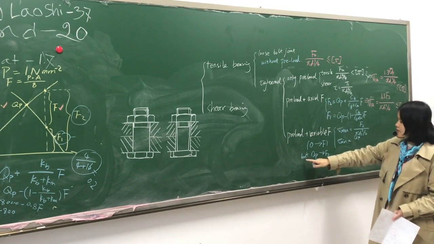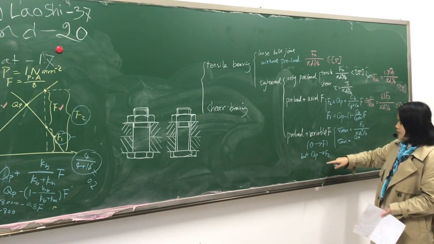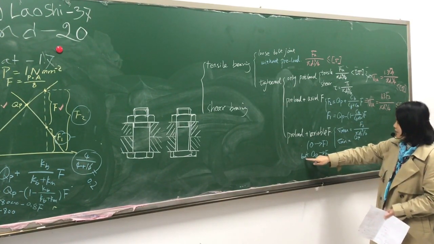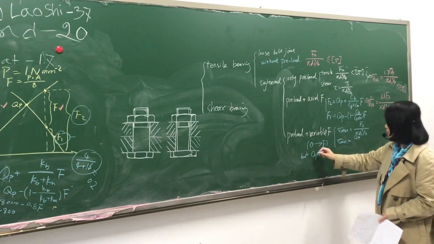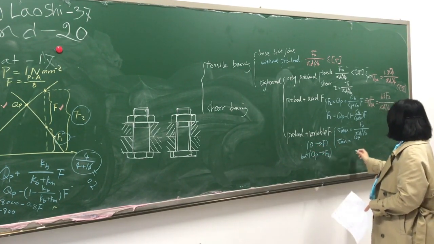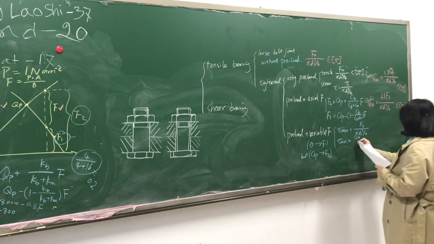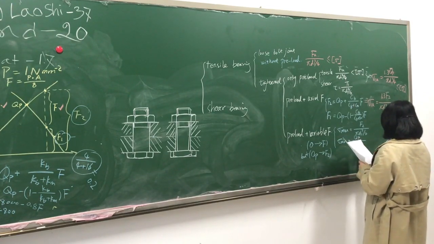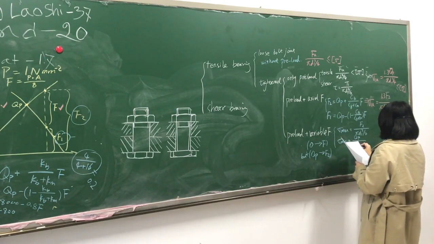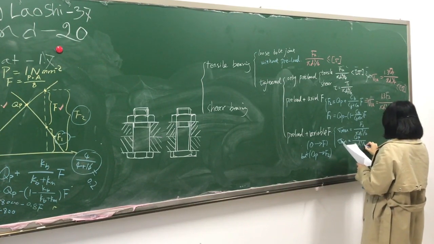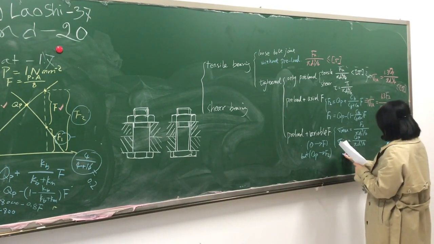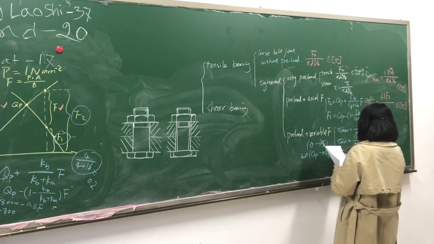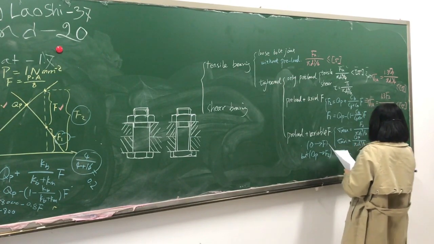This is the variation of the bolt from QP to F2. So the minimal stress is QP divided by the area, and we also can calculate the sigma A.